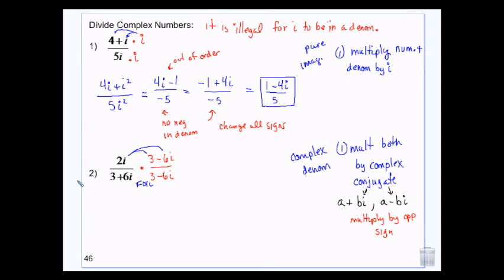And so I'm going to get 6i minus 12i squared over 9 minus 18i plus 18i minus 36i squared. And these two terms right here will cancel because they're opposites, and that's how we get rid of the i in the denominator.